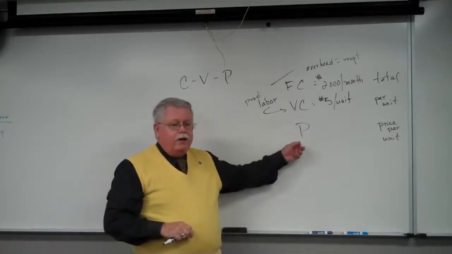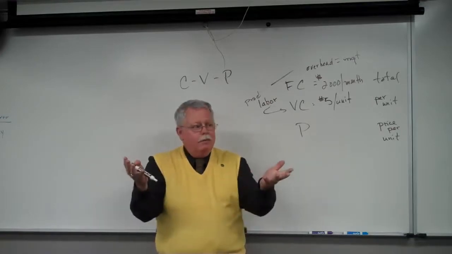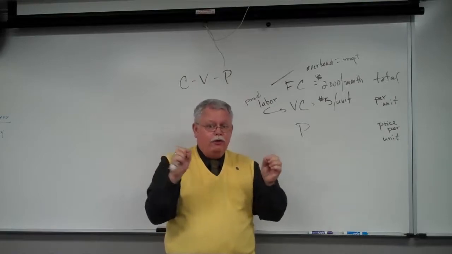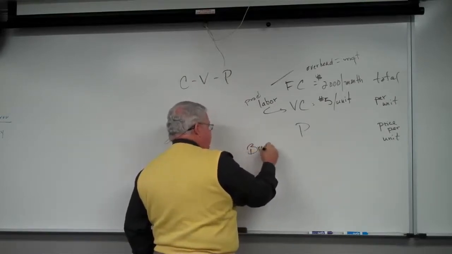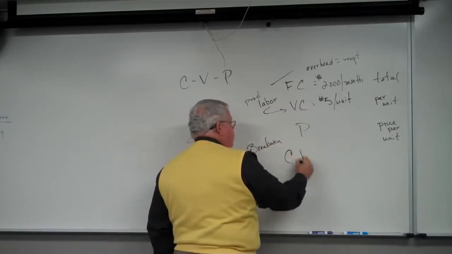What price have I got to charge for this game in order to break even? To not lose money or make money? That's the question. The key behind that for break even is the contribution margin.